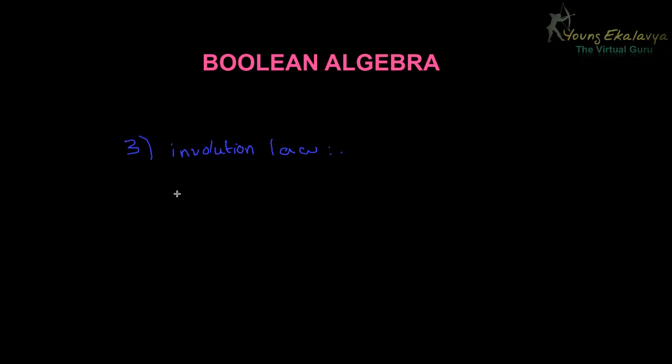So this is involution law, which states that x complement of whole complement is equal to x. So this is the involution law. So even this one we can prove it using truth table. I will show you.